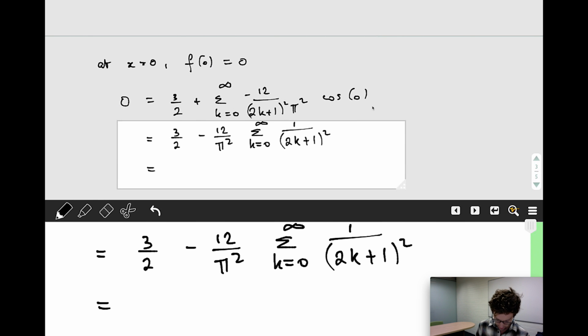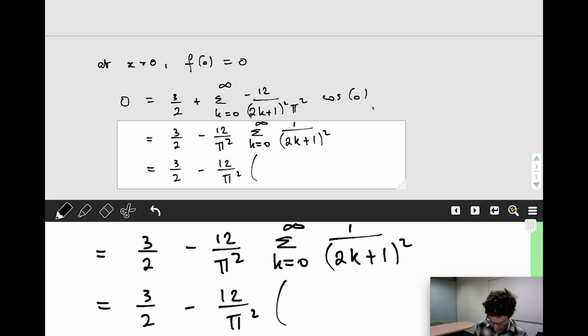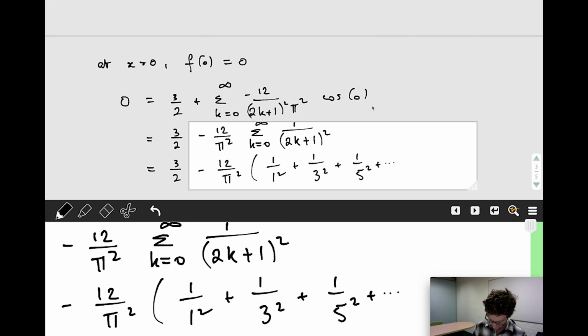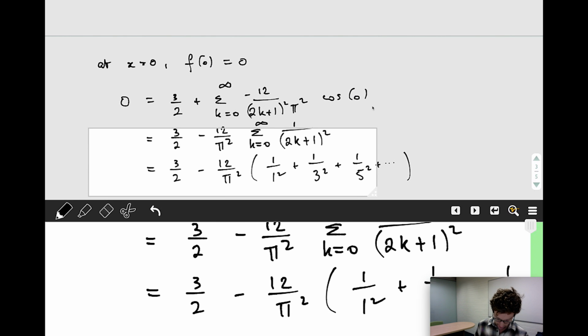They're going to be the sum of 1 over the odd numbers squared. So I can write that as 1 over 1 squared plus 1 over 3 squared plus 1 over 5 squared, and so on. Now all of this is equal to 0.